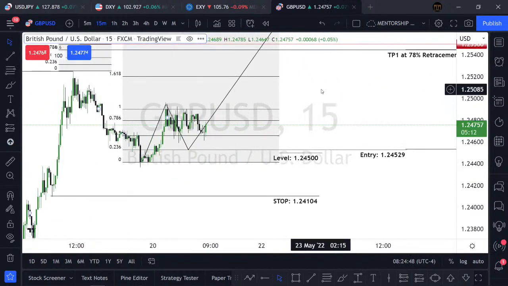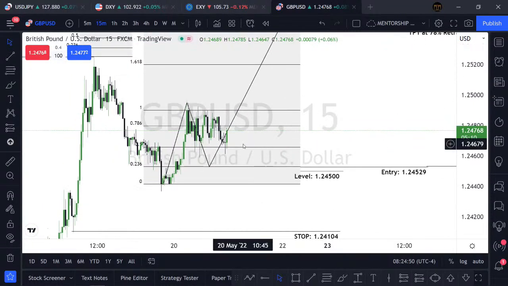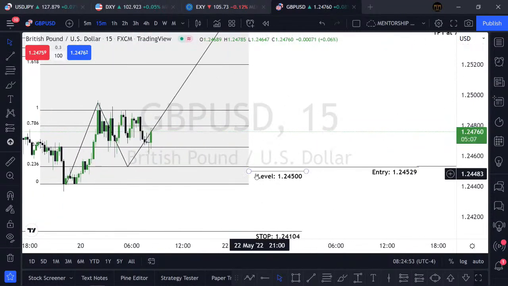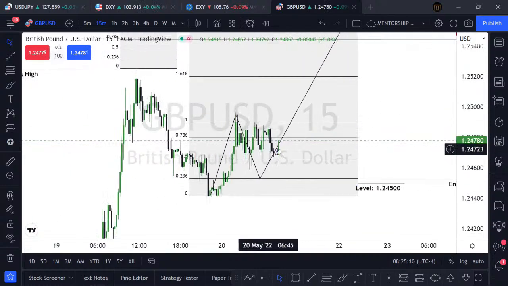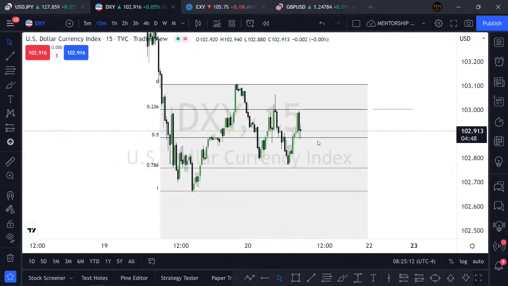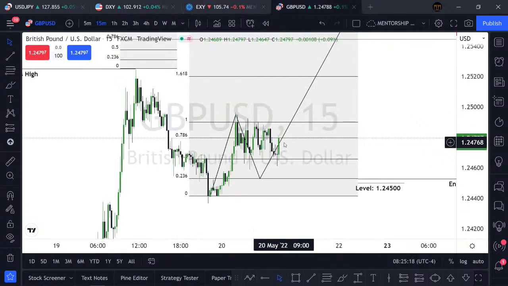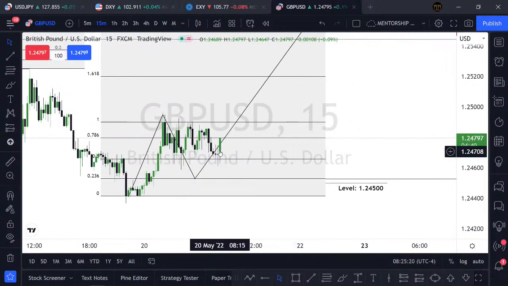So here we have a 23% retracement level, and below the retracement level we have this 50 level. If we see what the dollar index is doing, it's the actual opposite on the pound pairs. Now you see the pound is trying to rally.